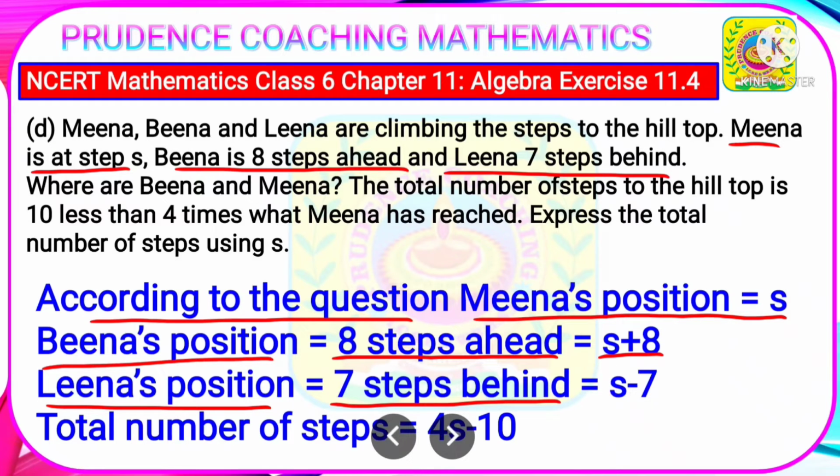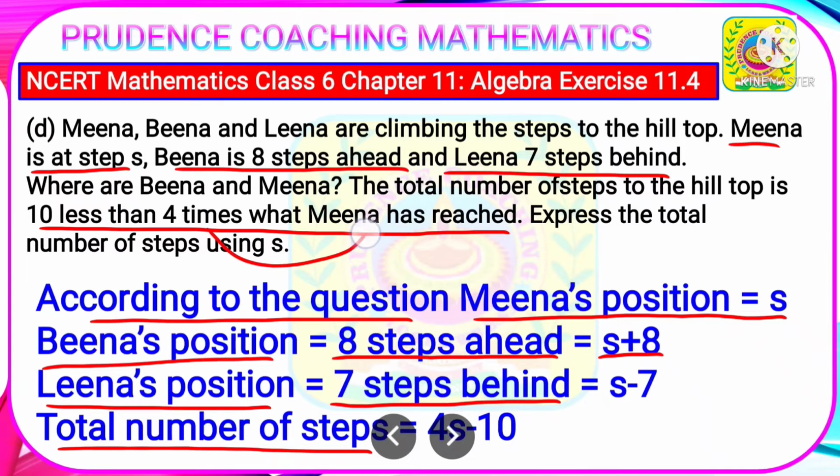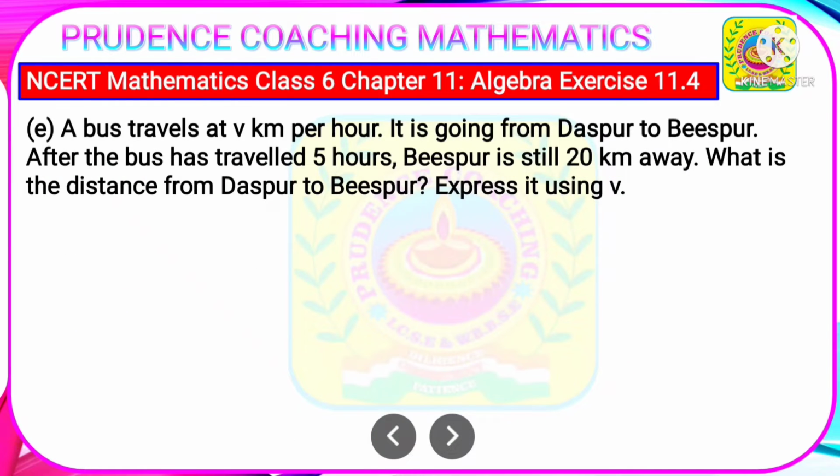That means what Meena has travelled, that is S, Leena has travelled 7 steps less. So S minus 7. And total number of steps, as it is given, 10 less than 4 times what Meena has reached. 4 times Meena has reached, that means 4S minus 10, because 10 less it is said. So 4S minus 10 is the total number of steps here. Students, I think you have understood this one. Let's start with number E.